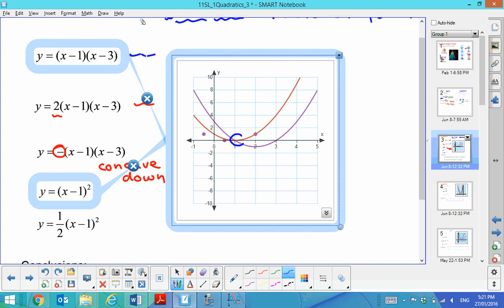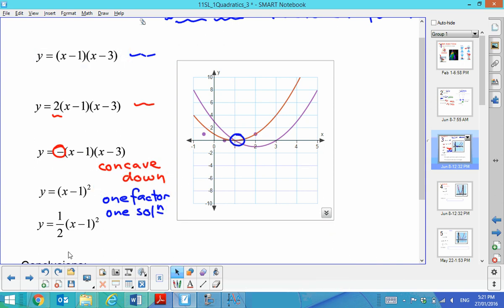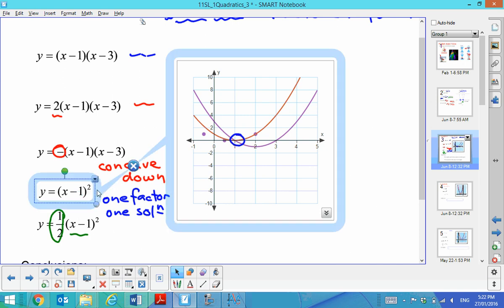So now here's our one solution, and we only have one factor. So at this point, you can go, well, I wonder what's happening with the next one. If it only looks like there's one factor present here, I wonder if it's going to be the same story, but what effect will the half have? So set that one up on your calculator and let's have a look at that one.